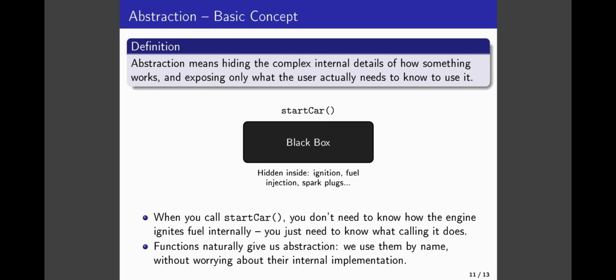Hidden inside it are things like ignition, fuel injection, spark plugs, a lot of genuinely complex machinery. But as the person using it, none of that complexity is visible to you. When you call start car, you don't need to know how the engine ignites fuel internally. You just need to know what calling it does. And that's exactly what functions give us naturally. We use them by name without worrying about their internal implementation at all.